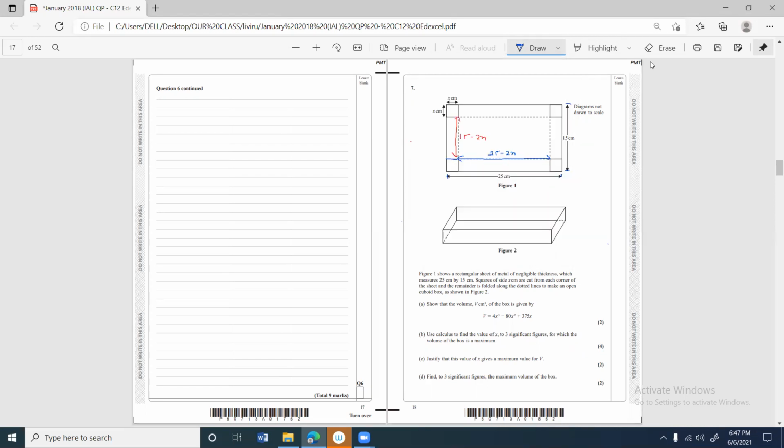Then the question: a square of side x is cut from each corner, and the ends are bent to form a tray shape.